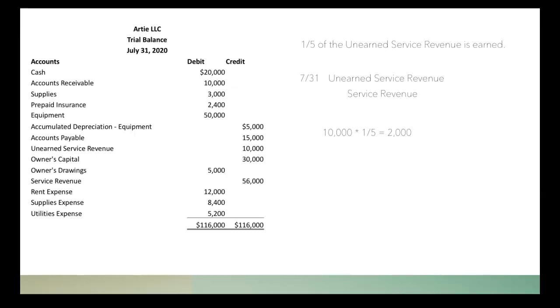In either case, you will see that that will be $2,000. So you've earned $2,000 of your previously unearned service revenue. So we're decreasing the liability here, and we're increasing our revenues because we've now done this work.